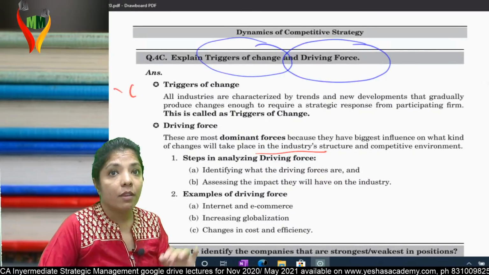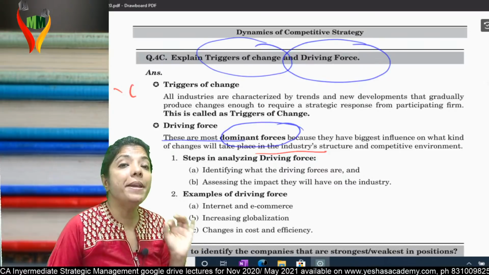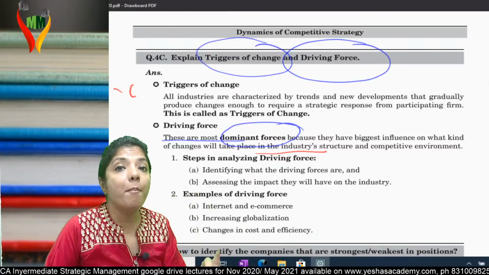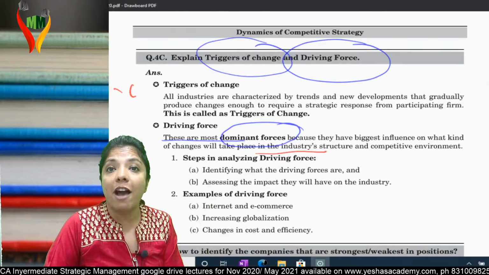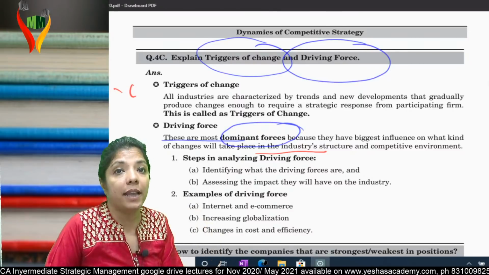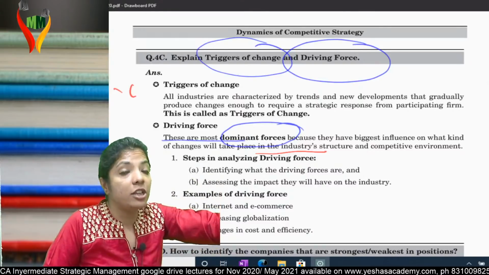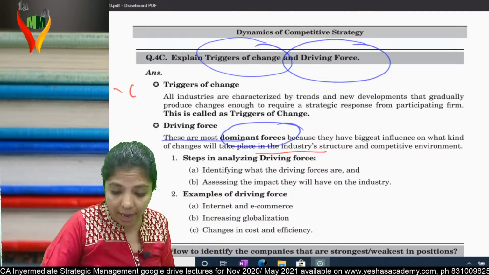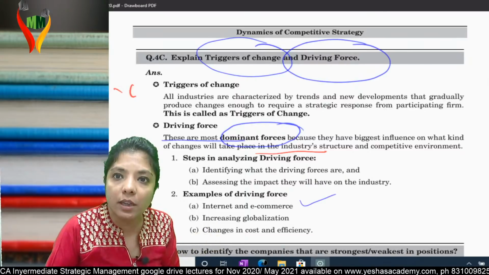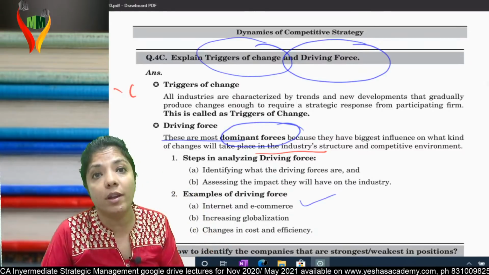Driving forces are among the most dominant forces because they have the biggest influence on what kind of changes will take place in the industry structure, because they are the ones which can change the whole industry. For example, internet and e-commerce. This is one of the driving forces that actually changed the whole industry.